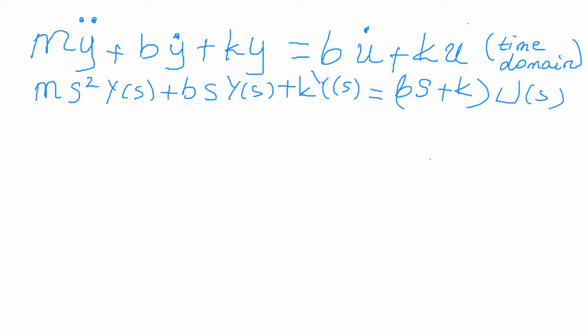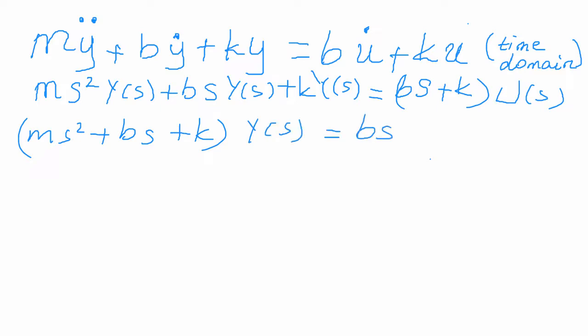If you take the Ys in brackets: m s square plus b s plus k times Ys is equal to b s plus k times Us.